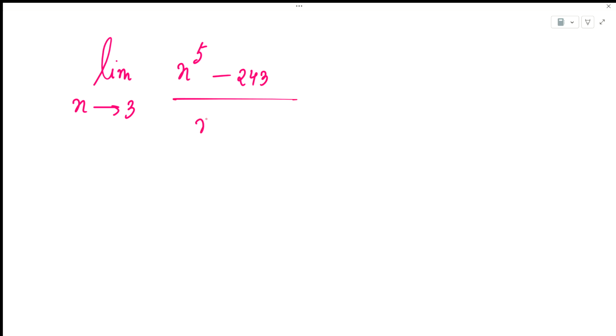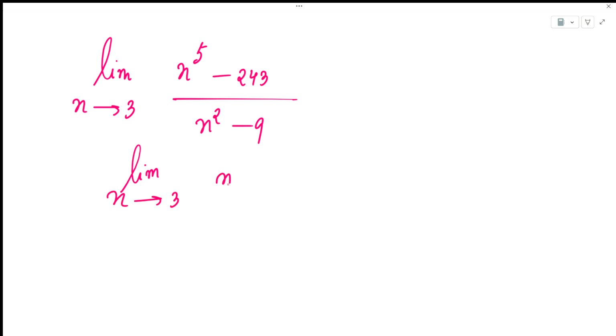We have limit x tends to 3, x to the 5 minus 243 divided by x square minus 9. Now you see what I can do over here.